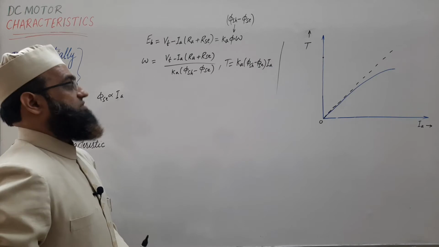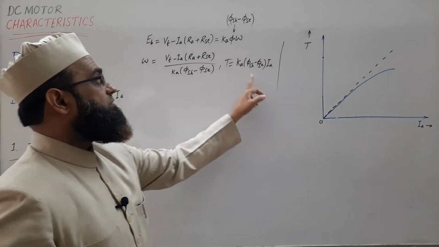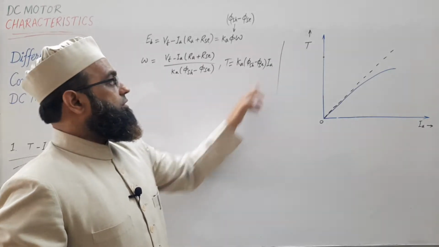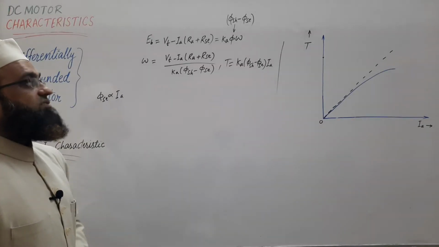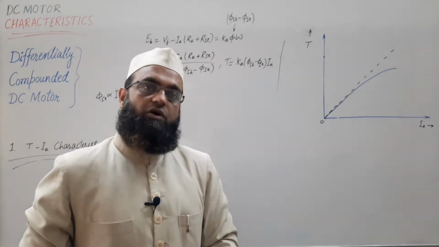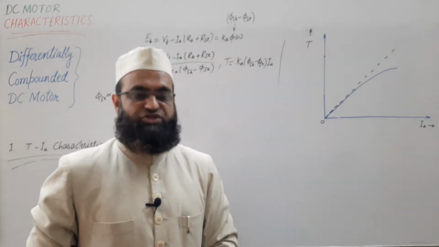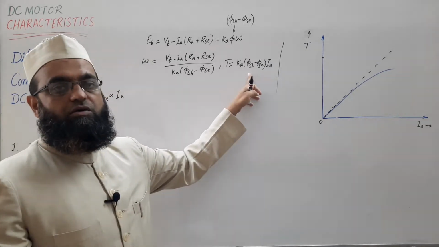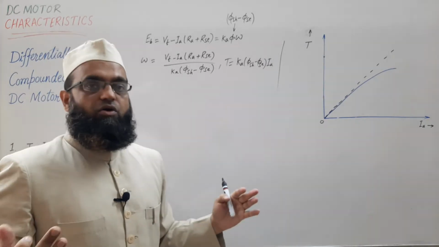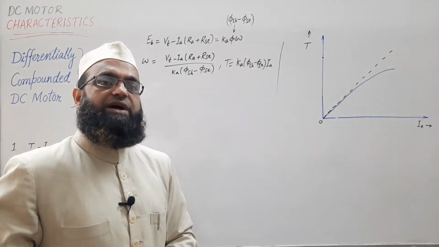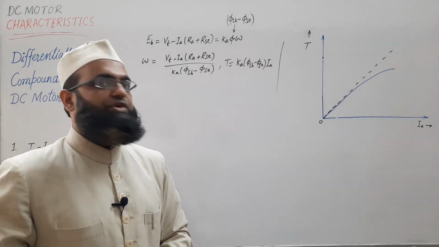So again, it depends on the strength of this field and this field. So if we have a strong shunt, means number of turns of shunt field windings are large, that is, NSH is high, then corresponding MMF will be high, strong. So we will say that a strong shunt machine is there.